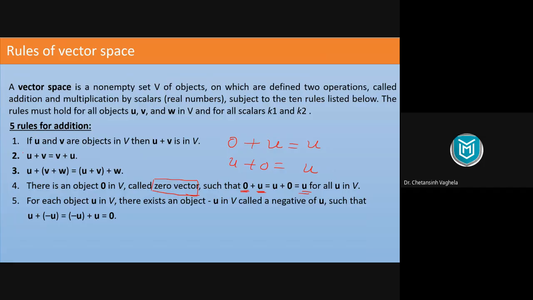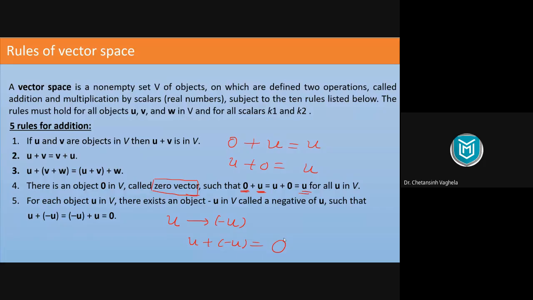Now the fifth condition is again for existence, but it is for the opposite element. For every object u, there exists one opposite object or negative object minus u, such that if you add these two objects u and minus u, then their addition should be a zero object or zero vector. So for every object u, its opposite or its negative must be present in our set V. किसी भी ऑब्जेक्ट U के लिए उसका ऑपोजिट या उसका नेगेटिव सेट V में प्रेजेंट होना ही चाहिए.